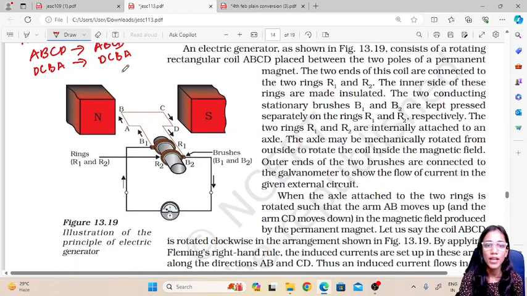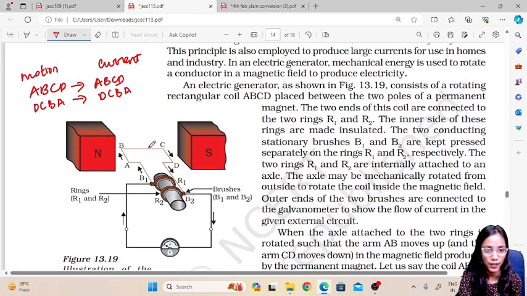Okay, so let's revise. In the first case, the axle is rotated mechanically and arm AB moves up and arm CD moves down. So the direction is clockwise, that is ABCD. When it is ABCD, the direction of current is also ABCD. It is going from B1 through ABCD and then to brush B2.